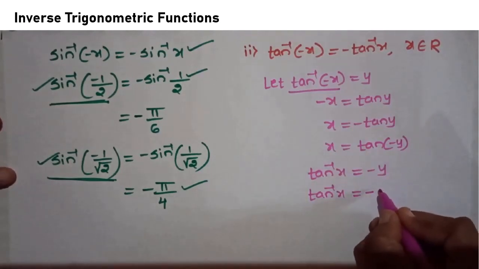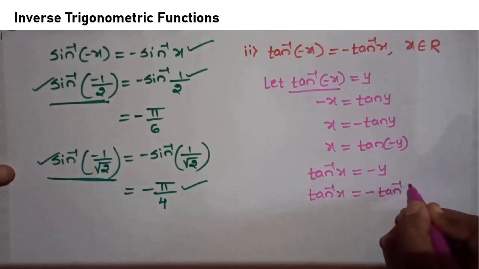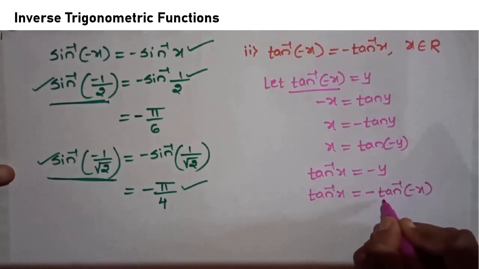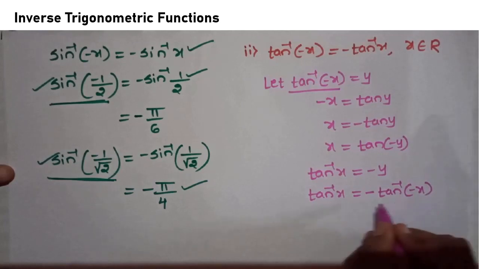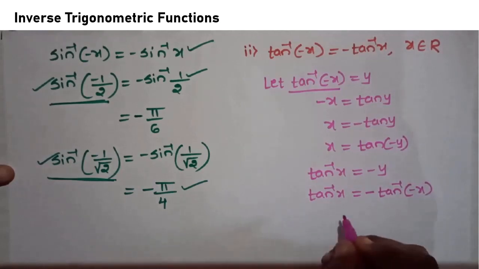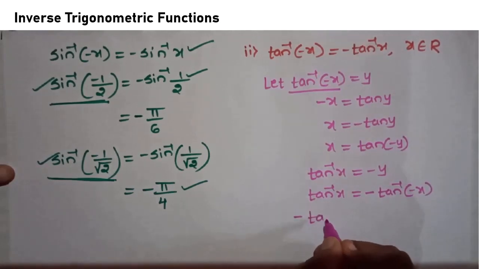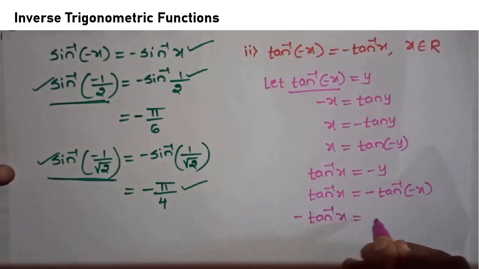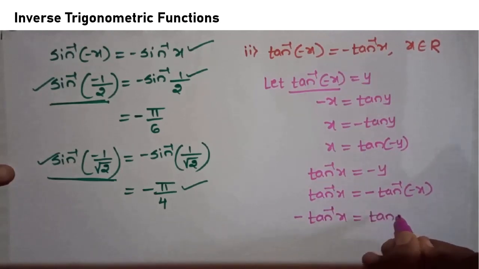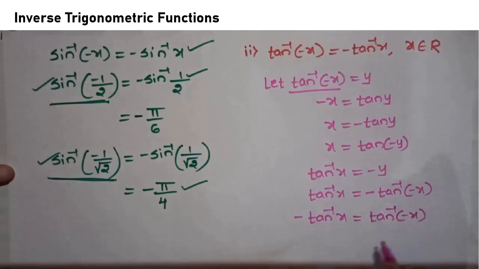So substitute the value of y back here: tan inverse x is equal to minus tan inverse of minus x. Again multiply both sides by the negative sign. What you get is minus tan inverse x is equal to tan inverse of minus x.